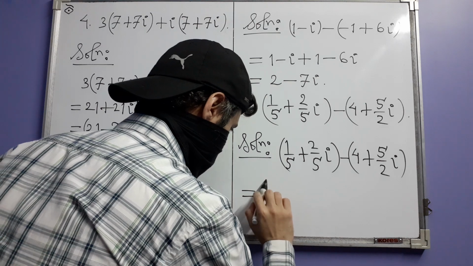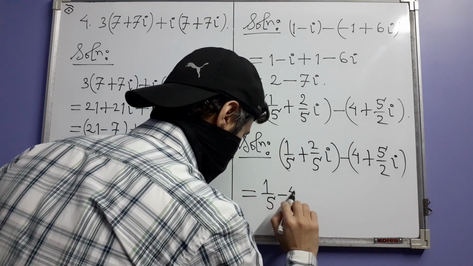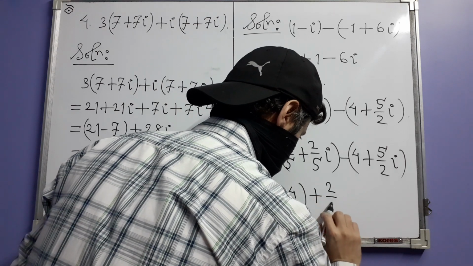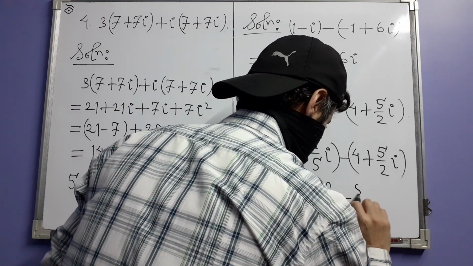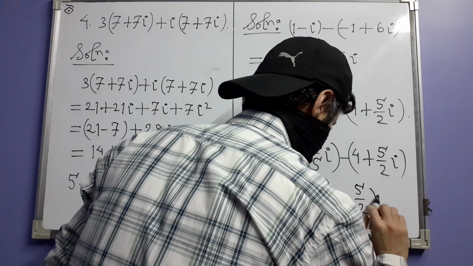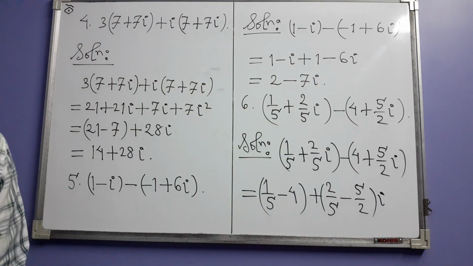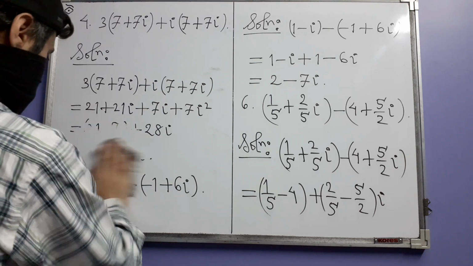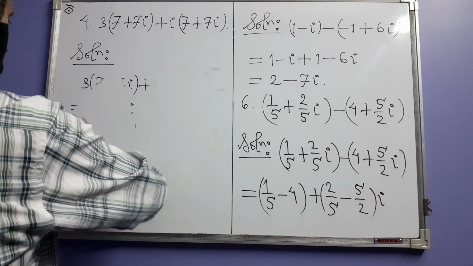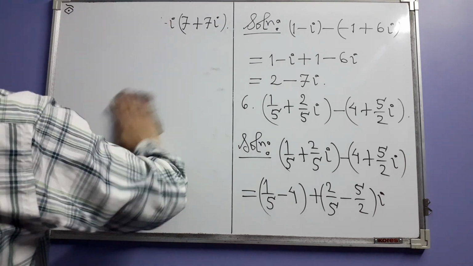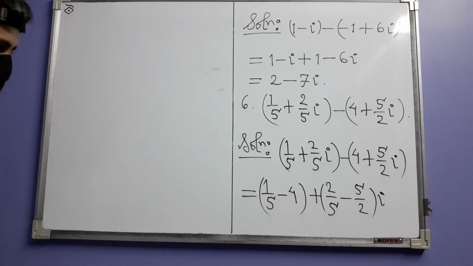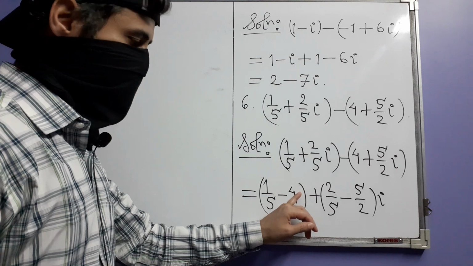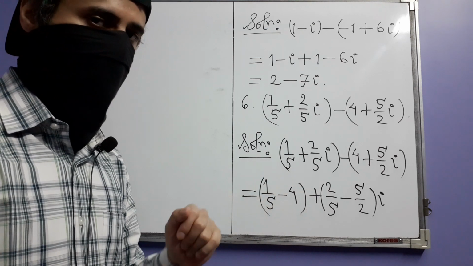That means this is what we do, minus 4 plus minus 5 over 2i. So what shall we get here? 4 times 5 is 20, 1 minus 20 is minus 19.